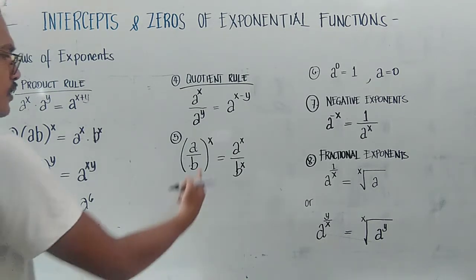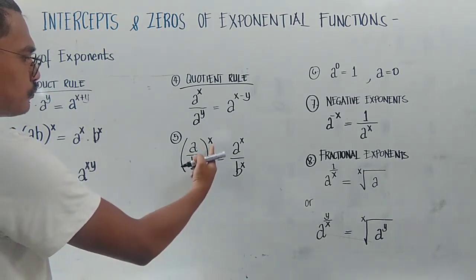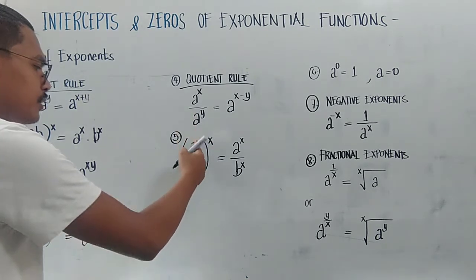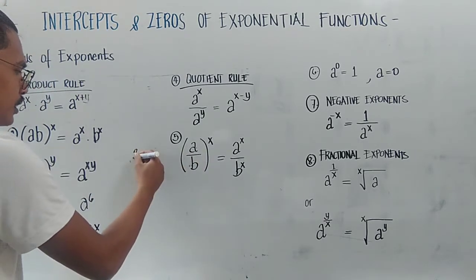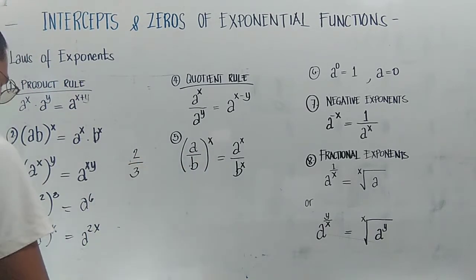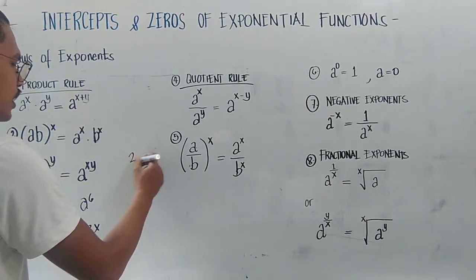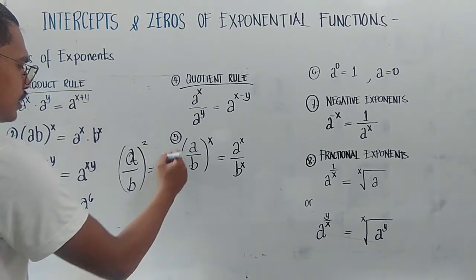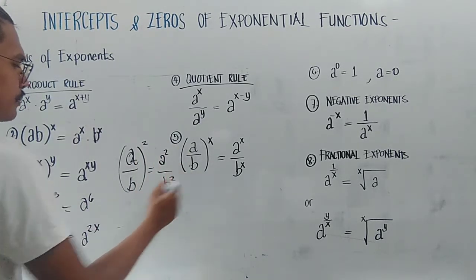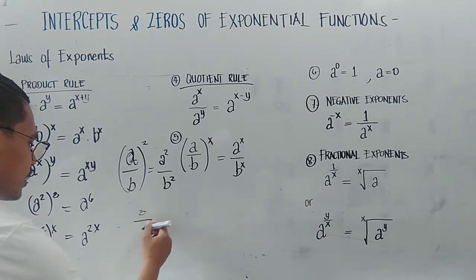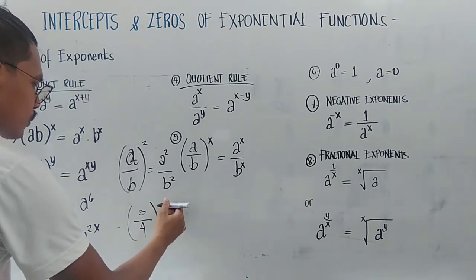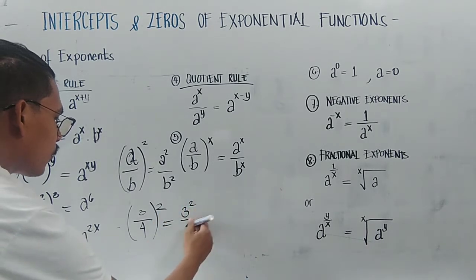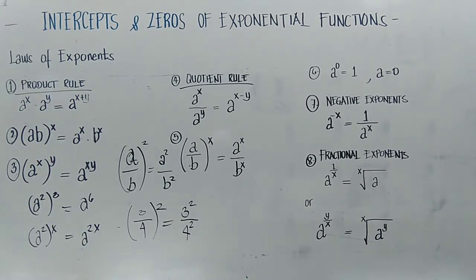It's just like we are distributing the exponent to the numerator and the denominator. Let's start with this one: a over b squared will give you a squared over b squared. Another example, we have 3/4 raised to 2. So we will get 3 squared over 4 squared. Okay?